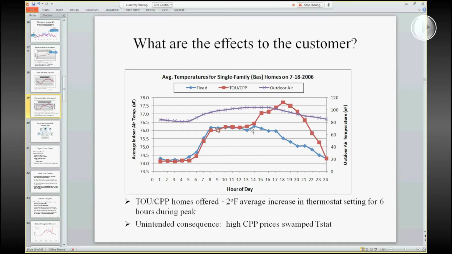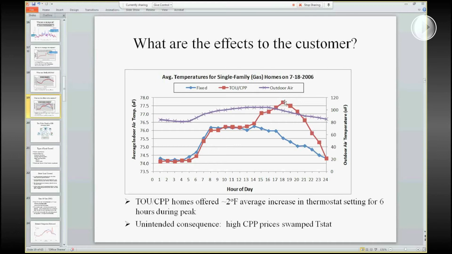So you can see, of course, there's your morning setback when people go off to work. Some people raise their temperature a little bit, and then as people come home, you start trickling it back down. Now you can see here, this is the demand response event where we requested them to do up to a 5-degree offset on their thermostat, and you can see the difference.